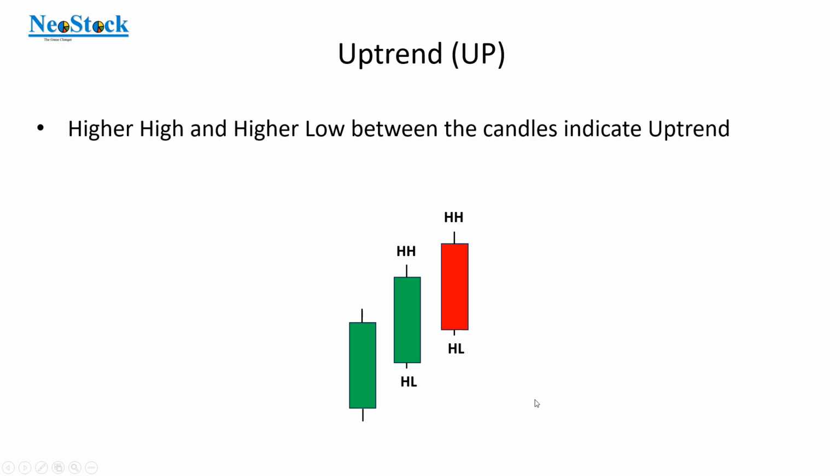Okay, but otherwise, uptrend always produces higher highs and higher lows. If it is not higher highs and higher lows, then that should not be uptrend. Hope it is clear. I repeat again, in uptrend always between the candles we can see higher highs and higher lows.